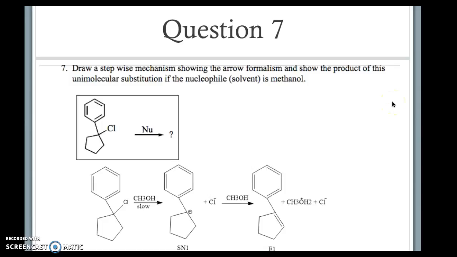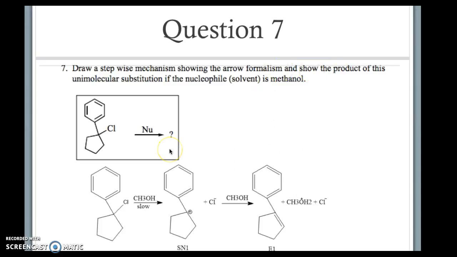Question 7 is asking us to draw a stepwise mechanism showing the arrow formalism and show the product of the unimolecular substitution if the nucleophile or solvent is methanol. So what we need to recognize is this is going to be a mixture of an SN1 and an E1 reaction.